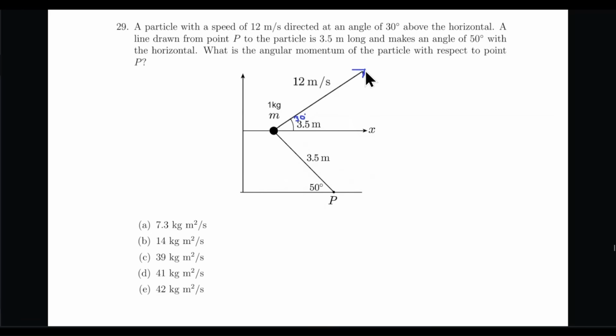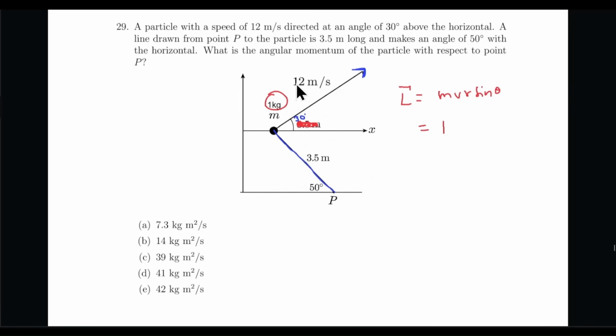So this is the velocity. We are already given this r over here, so I'm just going to disregard this 3.5 because this has no relevance. I'm going to say that the angular momentum is obviously mvr sine theta. M is 1 kilogram, that's written over here.